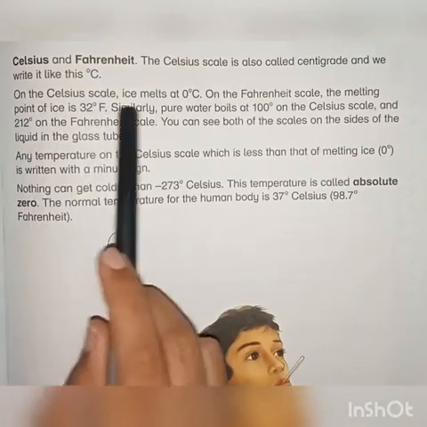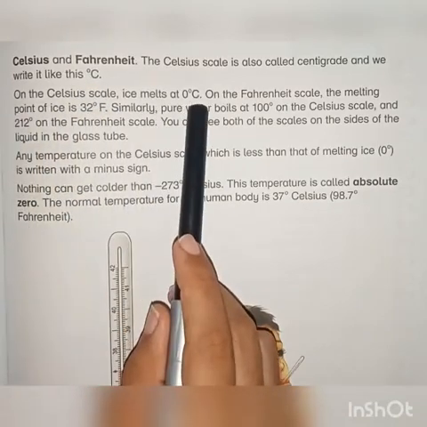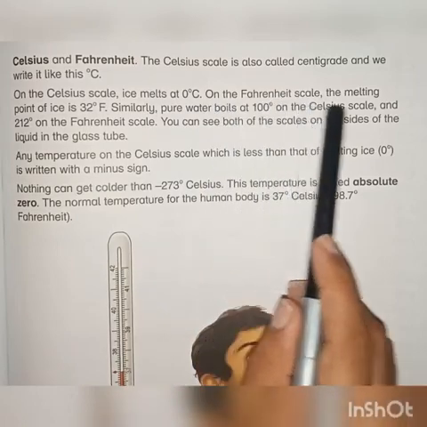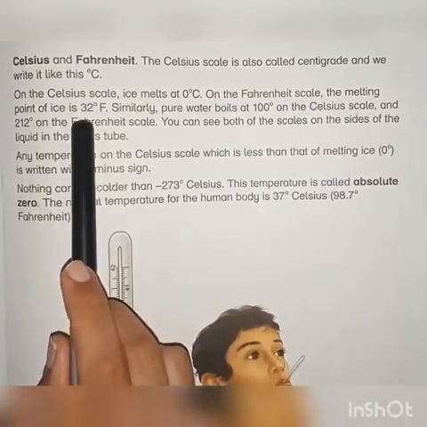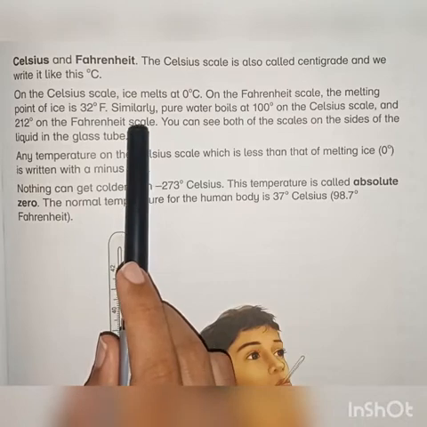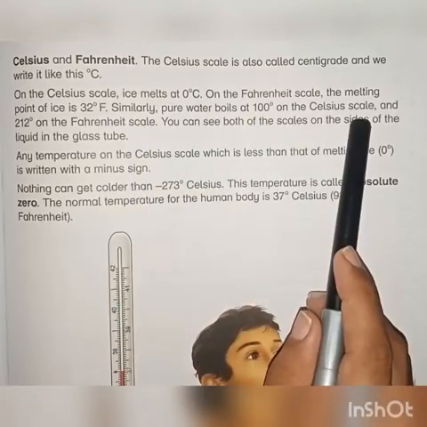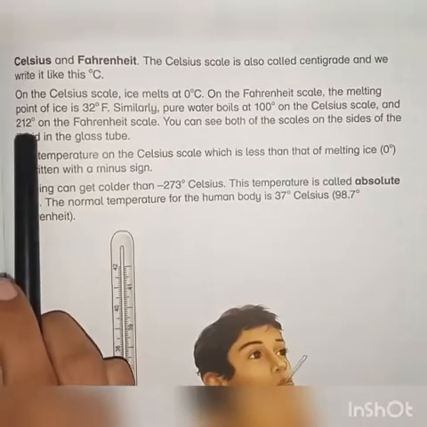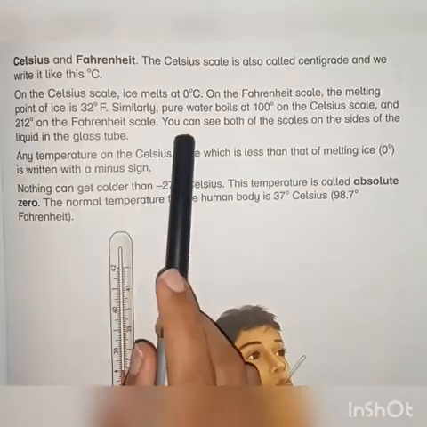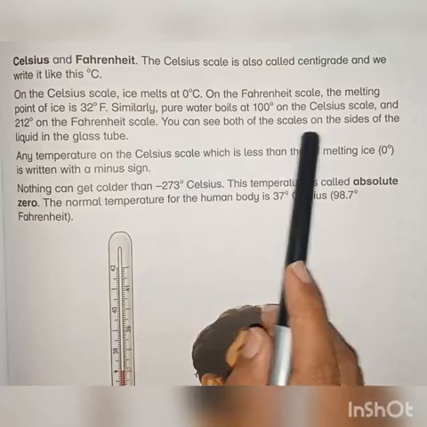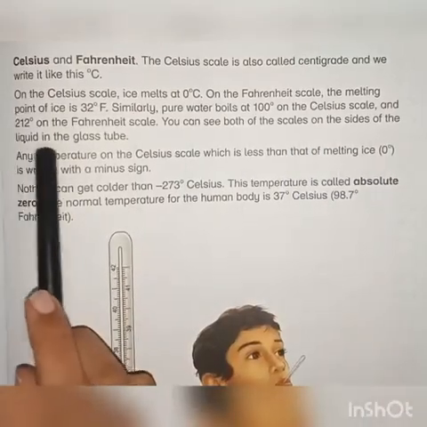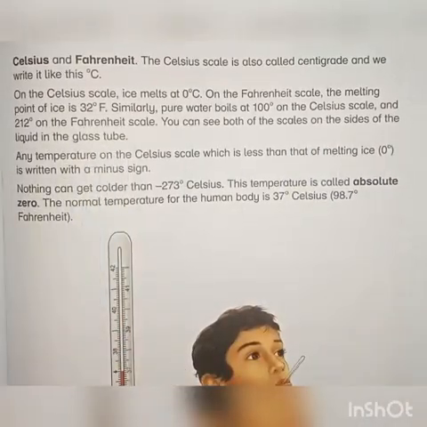On the Celsius scale, ice melts at 0 degree centigrade. On the Fahrenheit scale, the melting point of ice is 32 degree Fahrenheit. Similarly, pure water boils at 100 degree on the Celsius scale and 212 degree on the Fahrenheit scale. You can see both of the scales on the sides of the liquid in the glass tube.